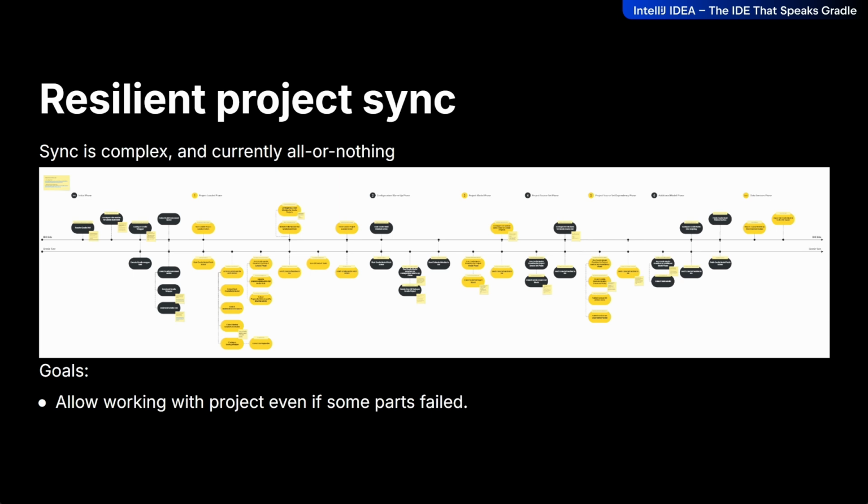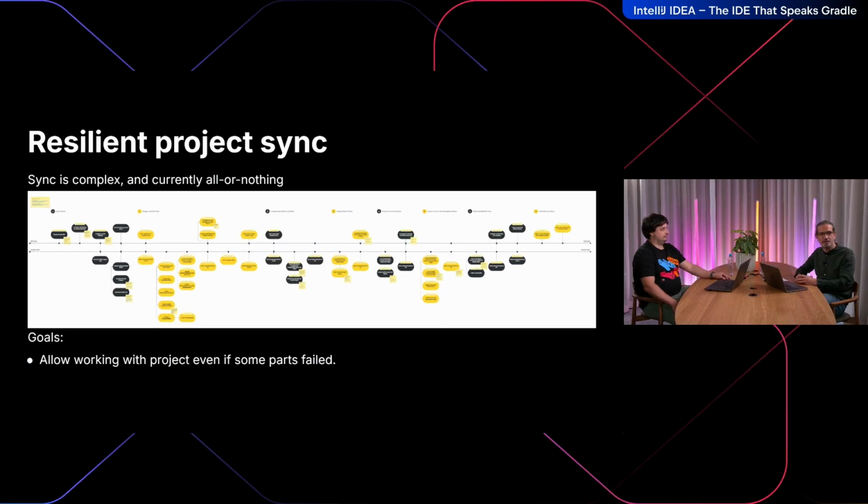Same with the model builders that Gradle ships to IntelliJ, they need to be more resilient. So there is quite a lot of work on both sides that needs to happen. We started exploring this months ago, and like Dmitrii said, we are actively working on this.